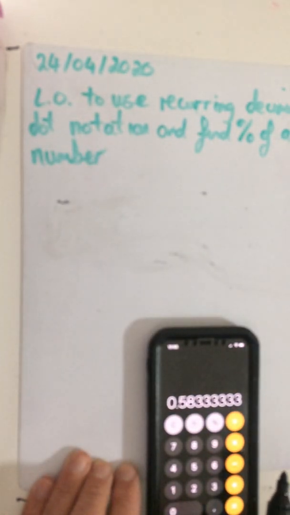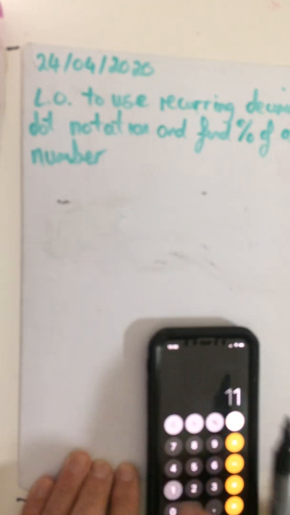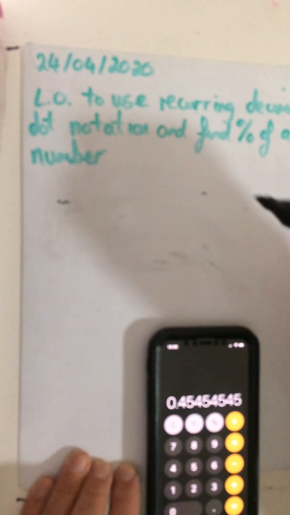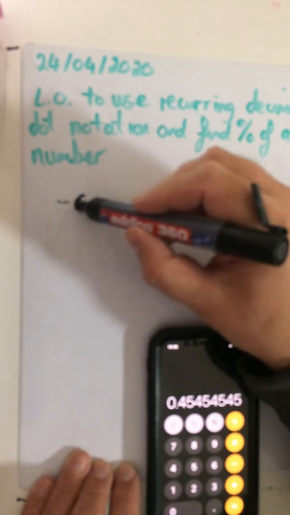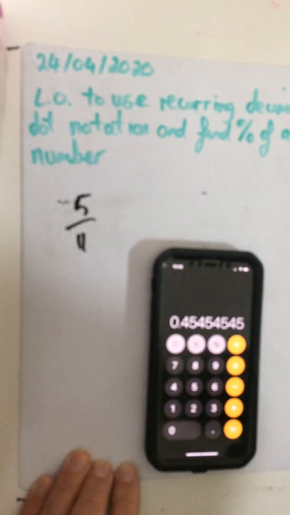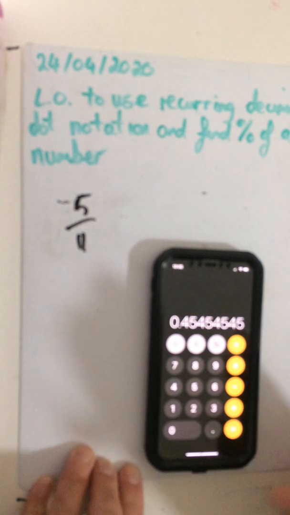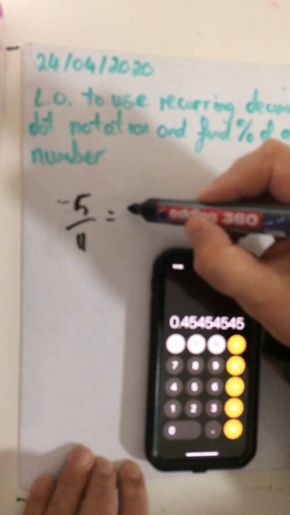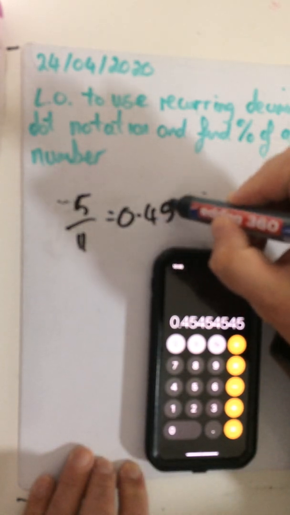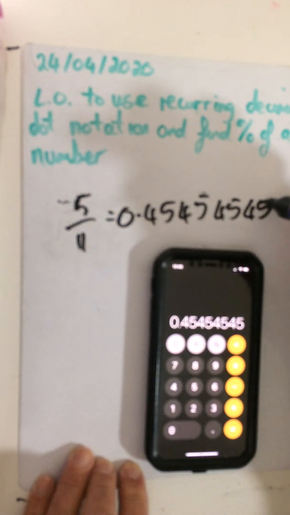Right, let's look at another one. Let's do 5/11. 5 divided by 11 equals, according to my calculator, 0.4545545, and so on.